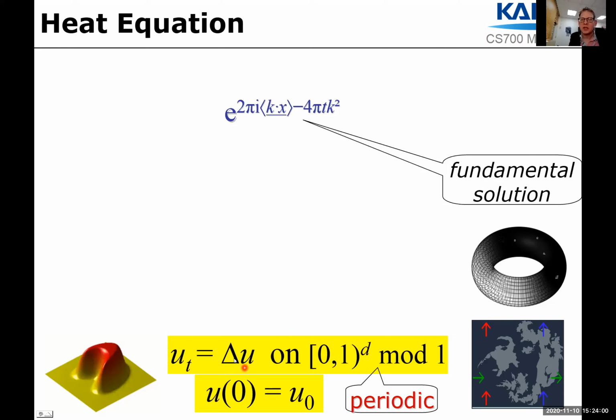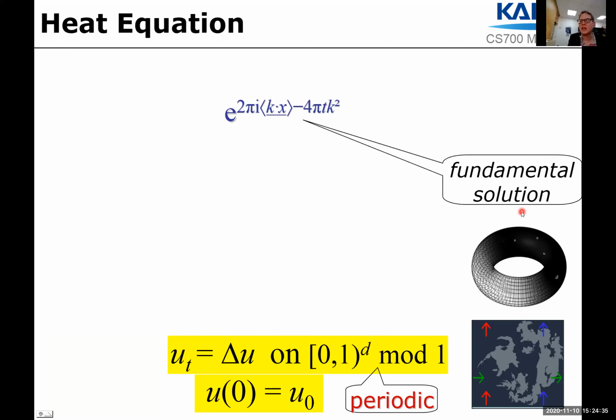Whereas if we differentiate twice with respect to space, then twice the integer vector k comes here, and twice 2 pi i comes here, resulting in 4 pi squared, and i squared is minus 1. So the same factor. So indeed, here, the first derivative with respect to time equals the second derivative with respect to space. And that also holds in higher dimension, as a sum of second derivatives.